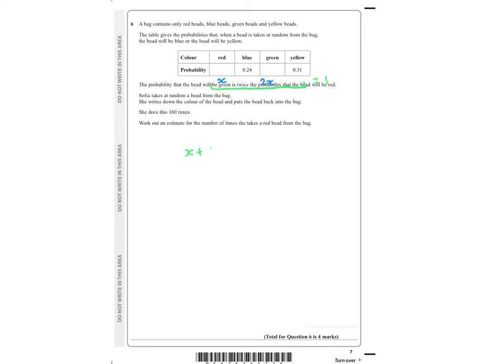So x plus 0.24 plus 2x plus 0.31 equals 1. So x plus 2x is 3x, 0.24 plus 0.31 is 0.55, which equals 1.